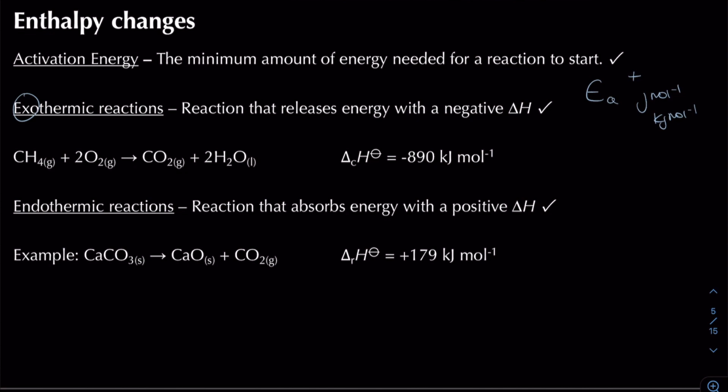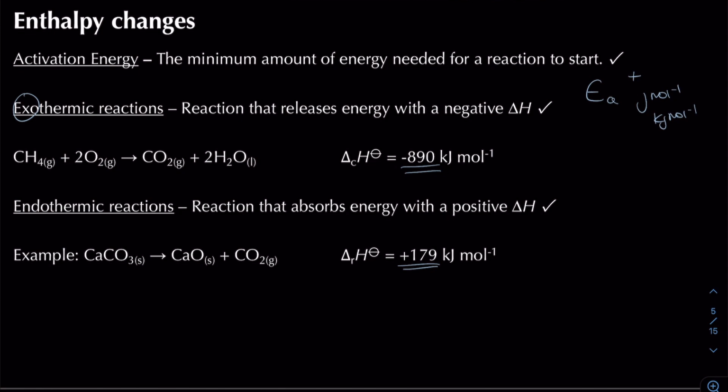Now, what about endothermic reactions? Well, in endothermic reactions, we're absorbing energy, so the system itself is going to absorb energy. An endothermic reaction is defined as a reaction that absorbs energy with a positive enthalpy change. You can see over here we've got a positive enthalpy change, so we know it's going to be endothermic, whereas over here it's a negative enthalpy change, so it's going to be exothermic.